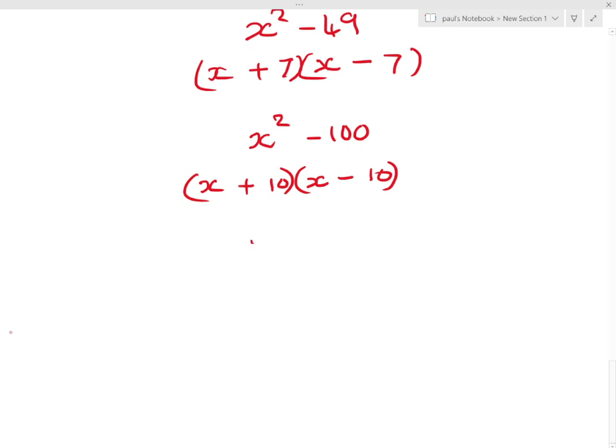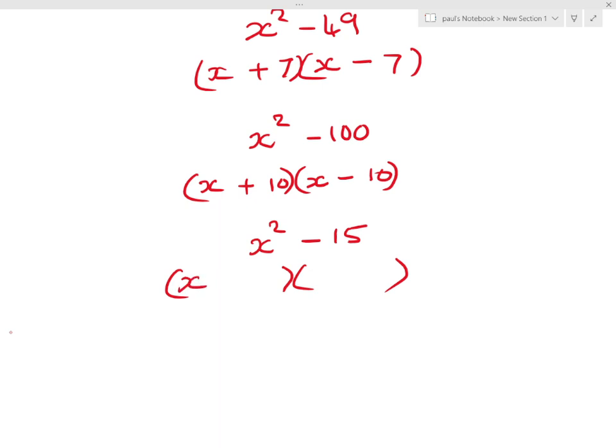Now what happens if we have the x squared minus 15? Now 15 doesn't come out to be a proper number, does it? 15, not an integer anyway. So we don't know what the square root of 15 is. We know what the square root of 16 is, and we know what the square root of 9 is, but not the 15.